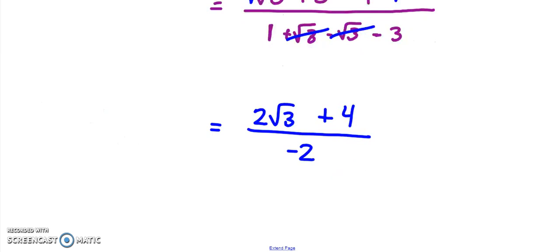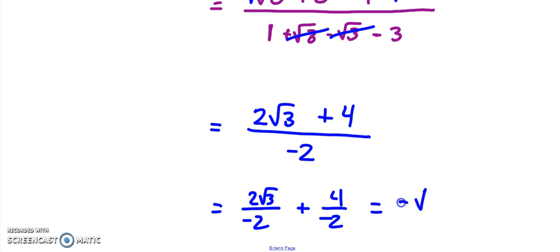And again, remembering, like we talked about before with our fractions, we can rewrite things if they have a common denominator like this. And so our final answer would be negative square root of 3 minus 2. Or you can switch it around, it doesn't matter. But again, we finally multiplied by the conjugate so everybody can see what I was talking about before. And so now, that's your final answer.